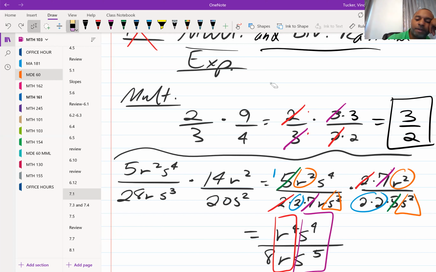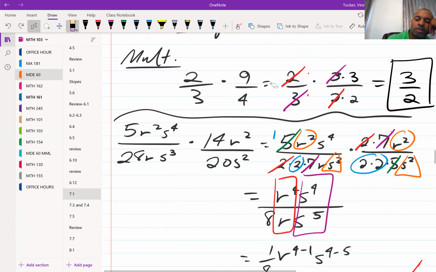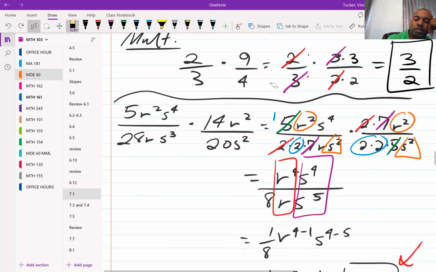We still can simplify, because we have r to the fourth over r. Subtract your exponents, and s to the fourth over s to the fifth, subtract your exponents.